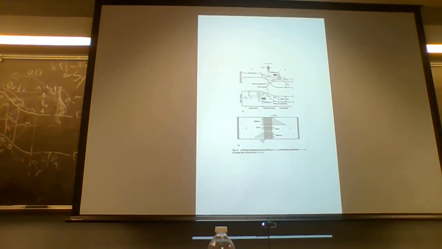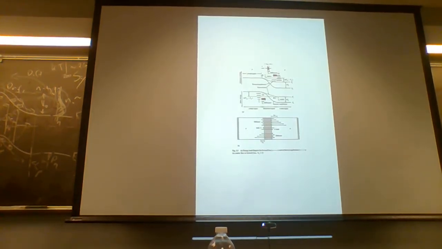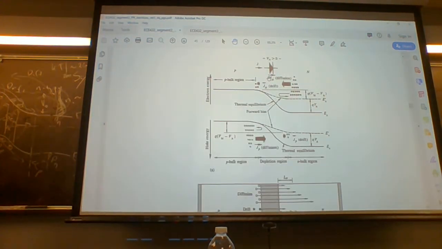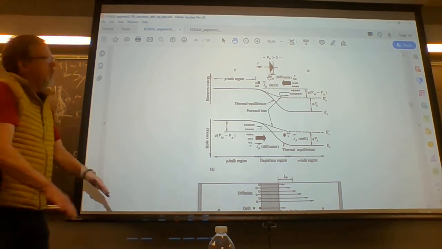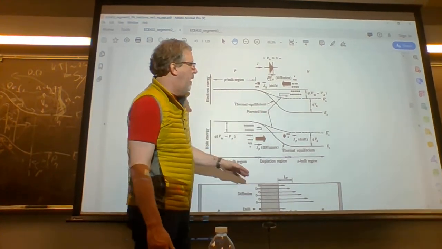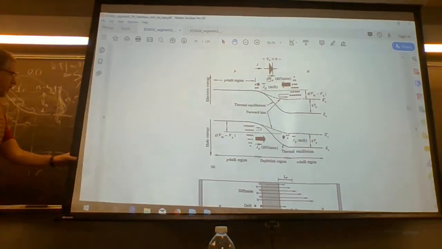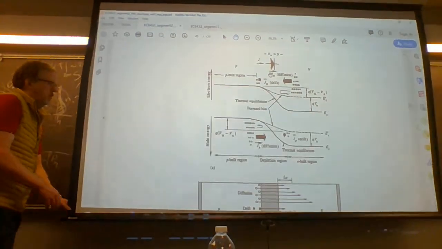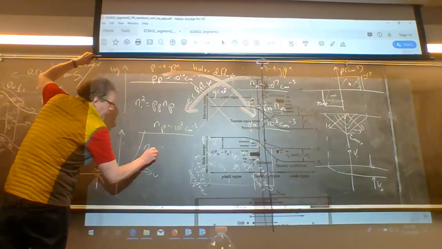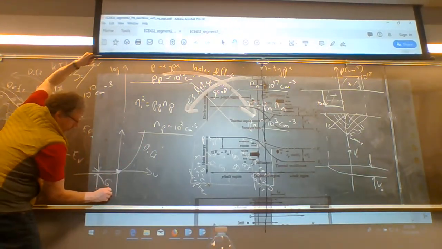So then, this is the forward bias. Right. So as the barrier lowers, the diffusion takes off, and that's why in the forward bias we refer to it as this is the diffusion, and this is the generation down here.